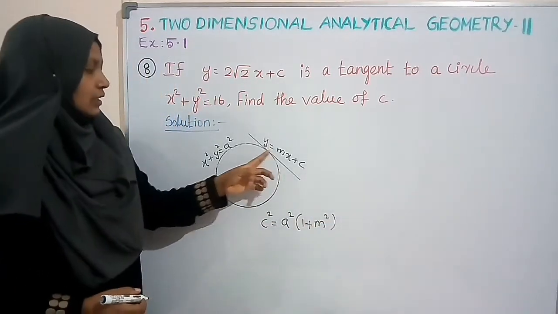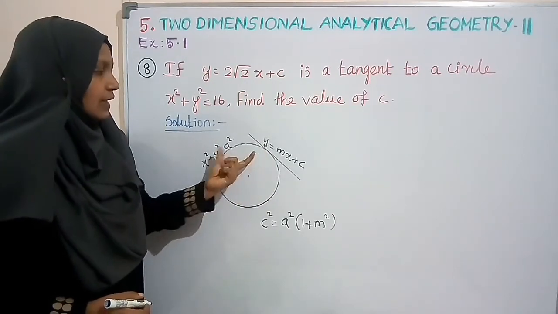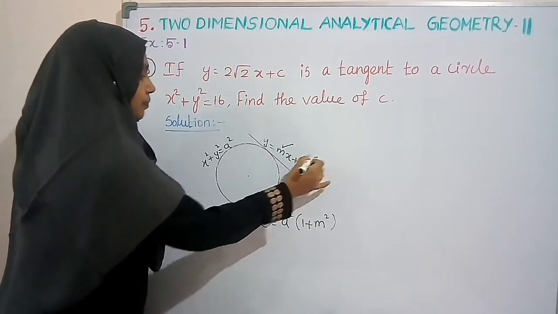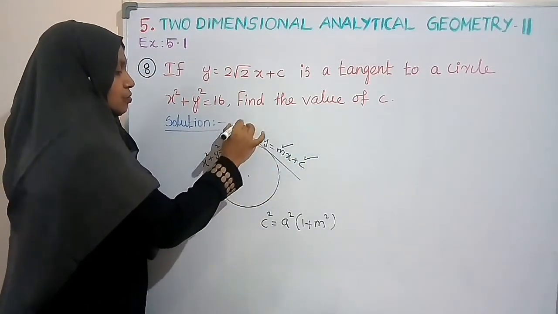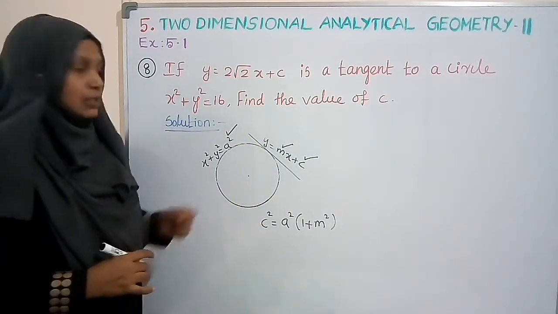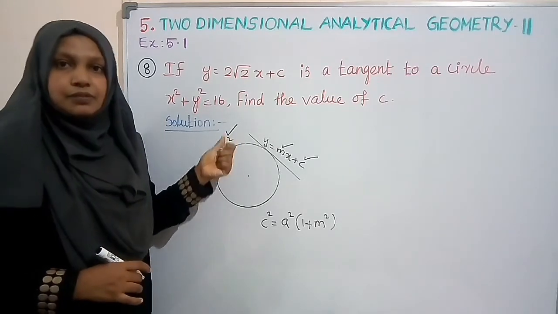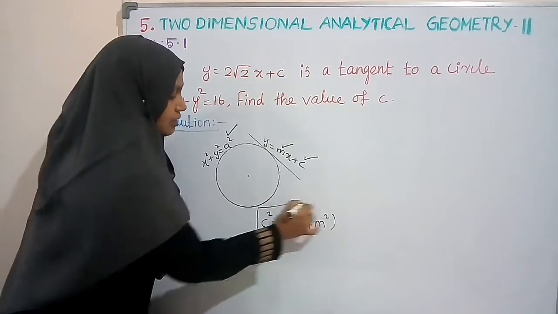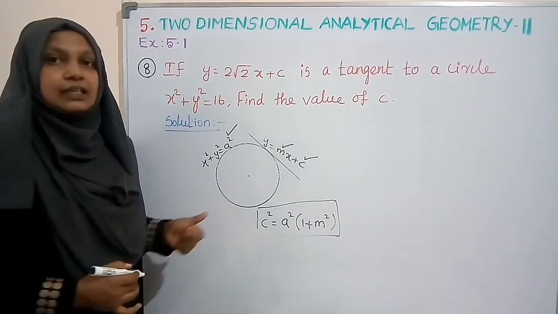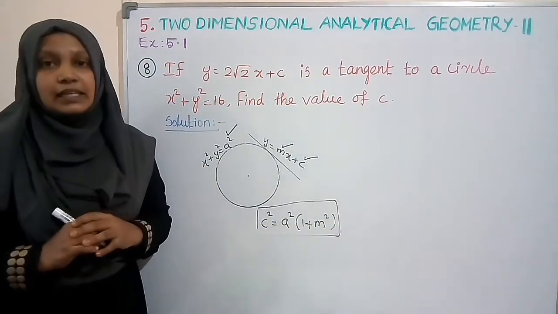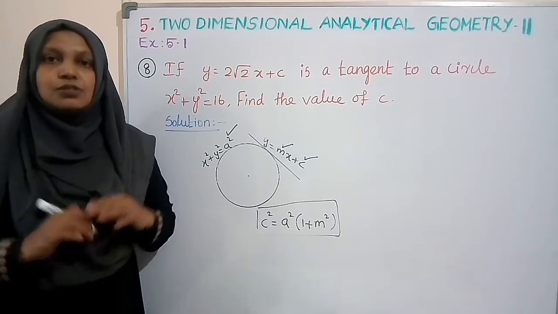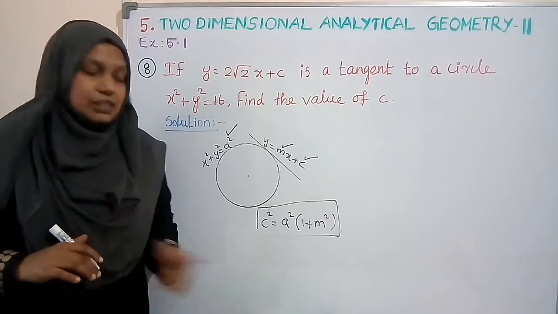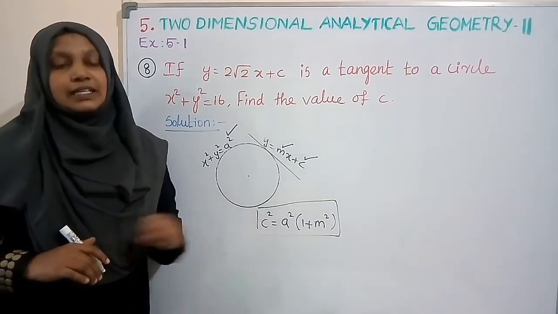From the line we choose the values of m and c, and from the circle we choose the radius value, a square. Using these three values, if it satisfies this condition, we can say that the given line is a tangent line to the circle. Okay. So if a line is given, to check whether it is a tangent line, it must satisfy this condition.